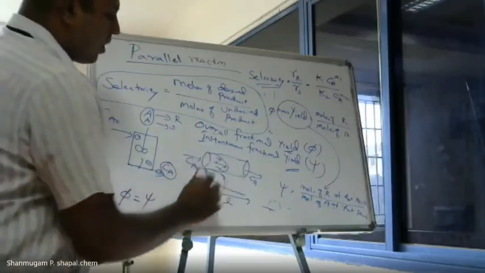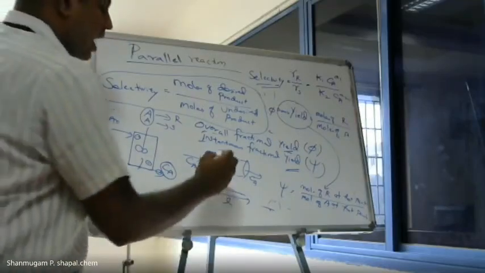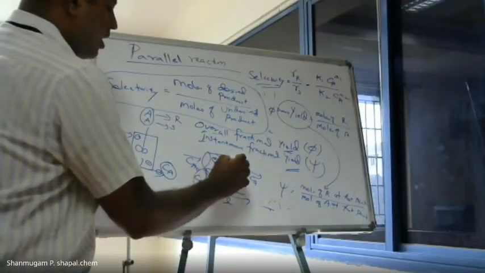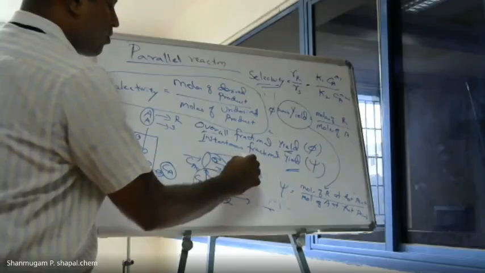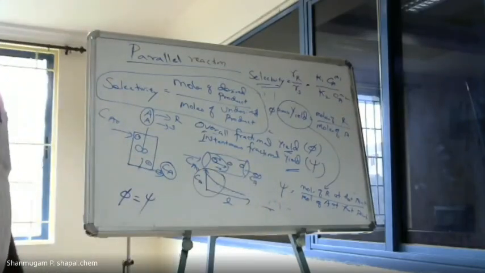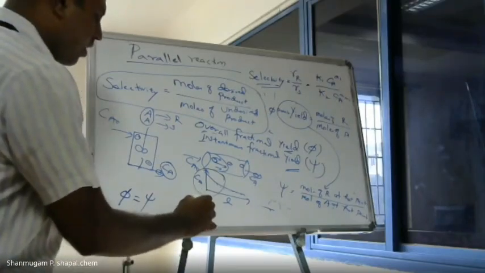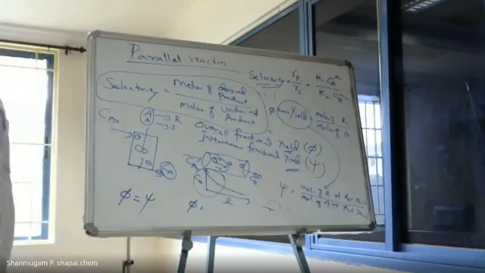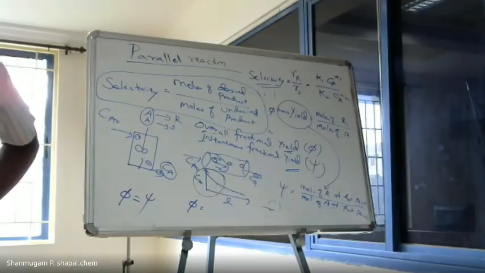But if you take the PFR, for example, you take this point, this point, and this point, all these points, the overall fractional yield would be psi or phi. So what will happen with the phi here?